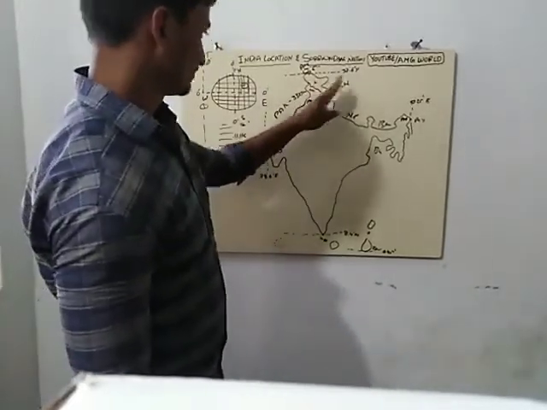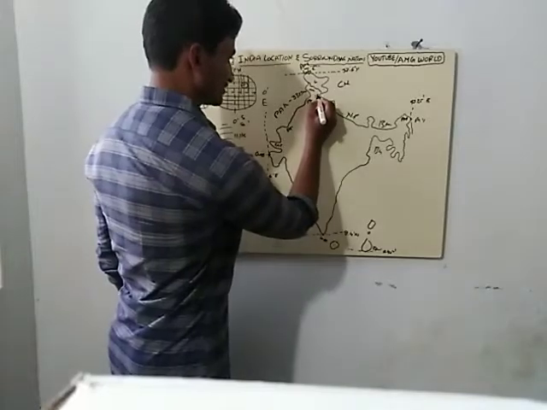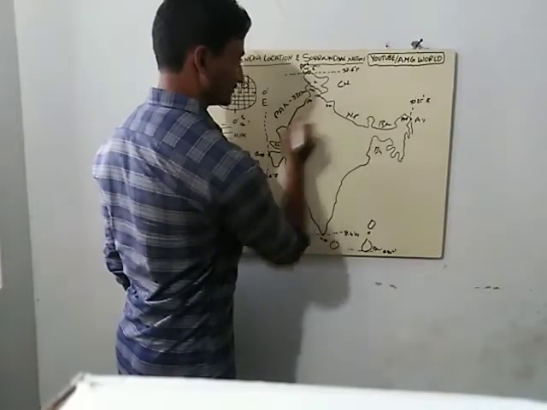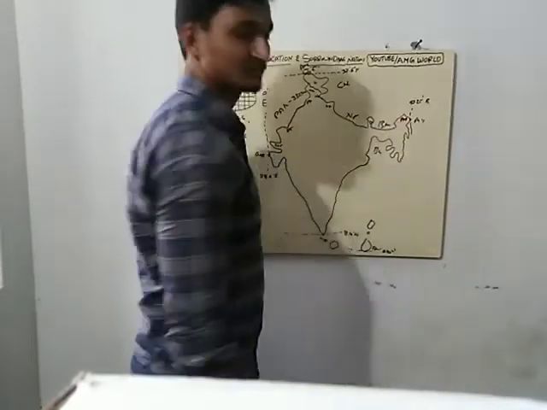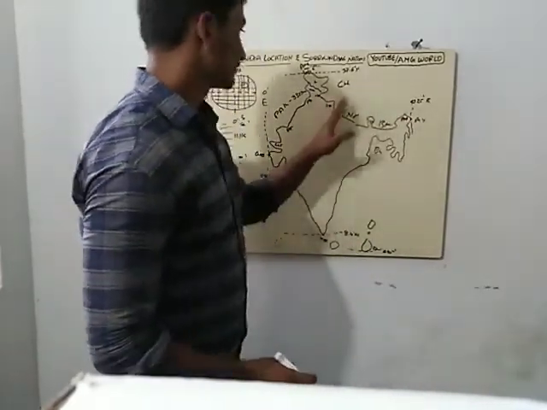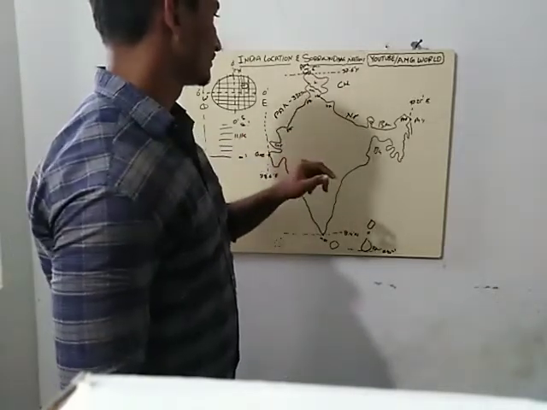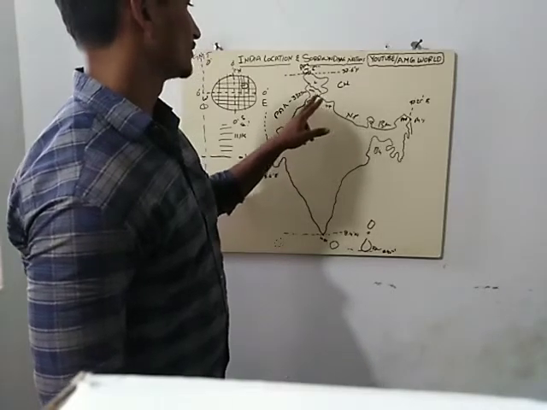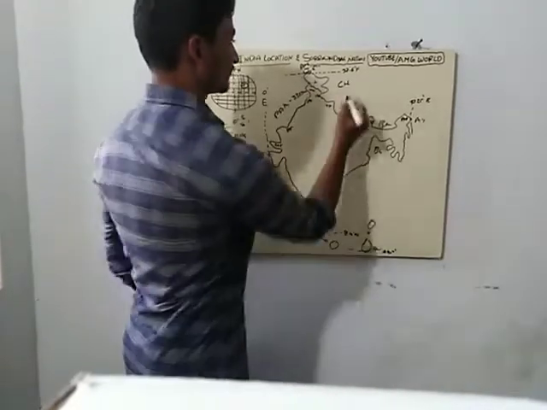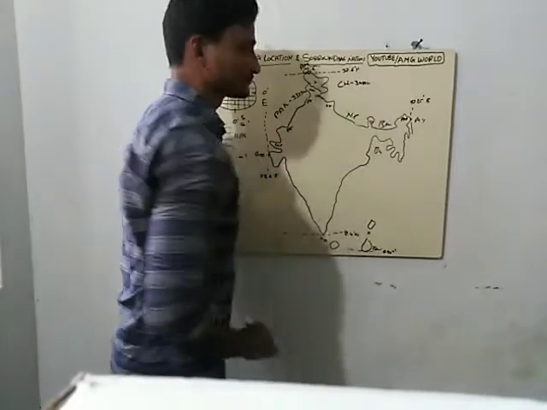Next we have China. China has borders with Himachal Pradesh, Uttarakhand, Sikkim and Arunachal Pradesh. These are the 4, and including Ladakh, we have a border length of around 3488 kilometers.